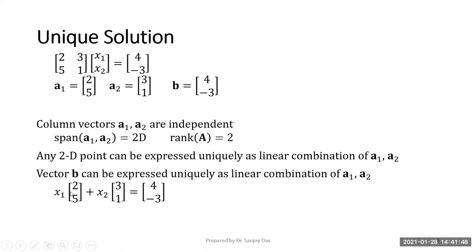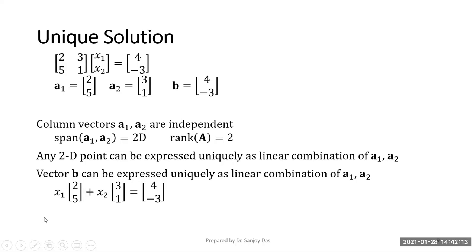In fact, this is what we want. This is A1 and this is A2 and this is B. And so some coefficient x1 times A1 plus some coefficient x2 times A2 should be equal to B, right? So this is a linear combination of the two vectors A1 and A2.